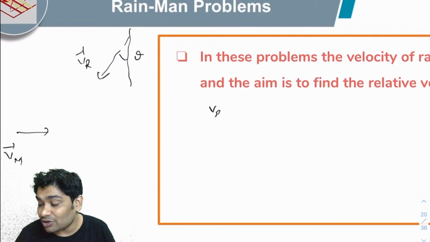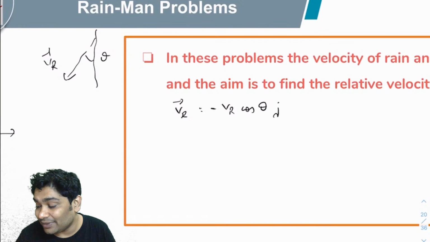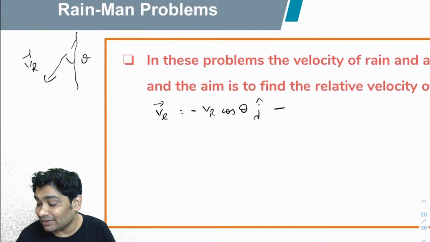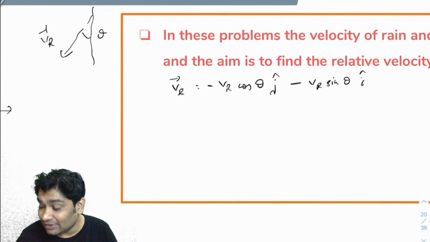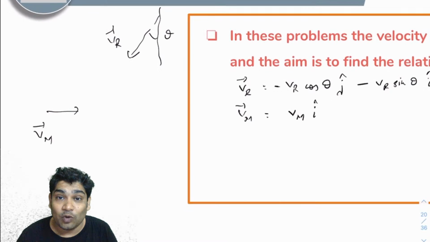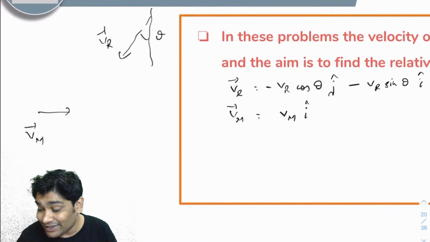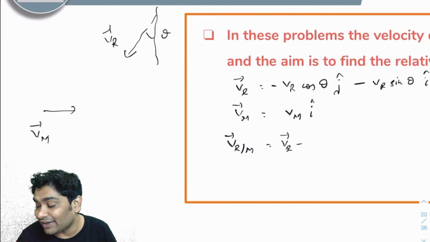So we can write the velocity of rain vector as Vr cos theta with a minus j cap, and minus Vr sin theta i cap. Similarly, the velocity of man vector can be written as Vm i cap. Now I know what I needed to calculate: the velocity of the rain that is seen by the man. That is nothing but Vr vector minus Vm vector.